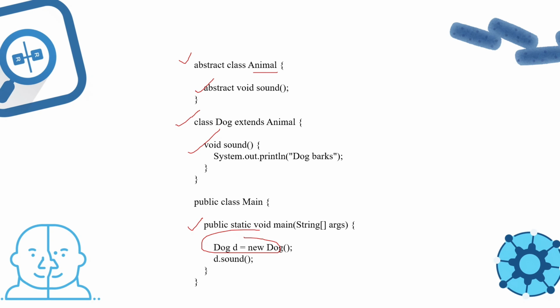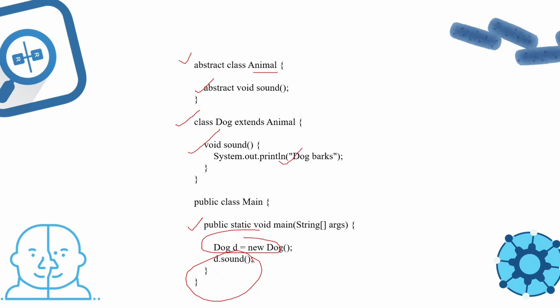Before, I told you one point, that we cannot create an abstract class object. So that is why we created an object of this subclass here, and we call d.sound so that this will be executed.